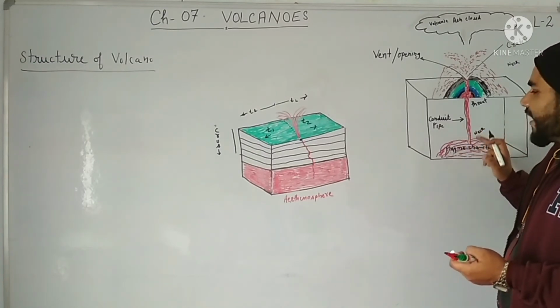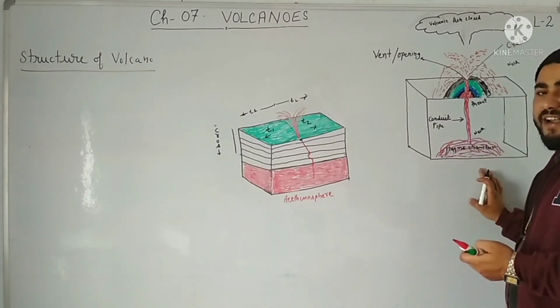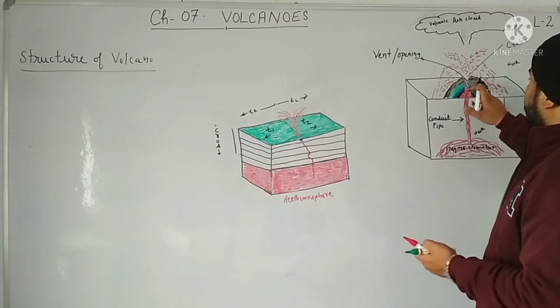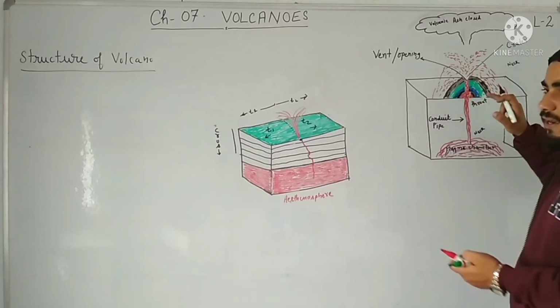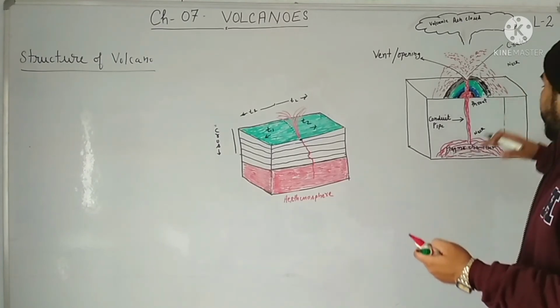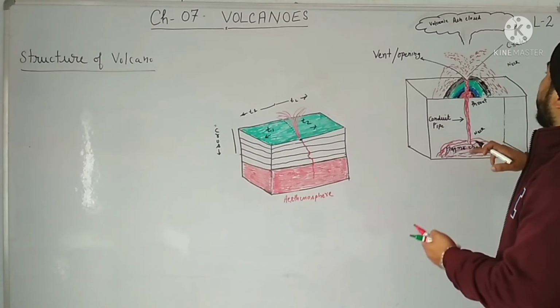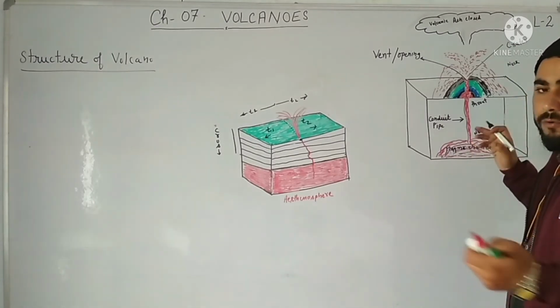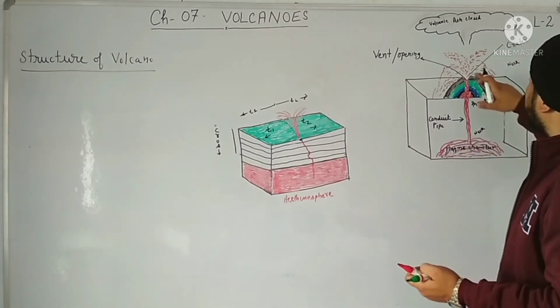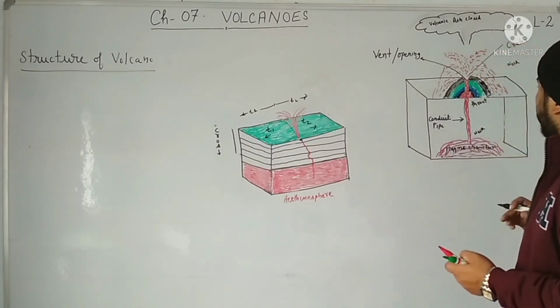Those cracks are deepened by this ascending magma, and then it makes a way. After making its way it explodes, and this material, which was under high pressure, emerges out from the surface of the earth, and that is called volcano. So if in this manner it is coming out, this is volcano.